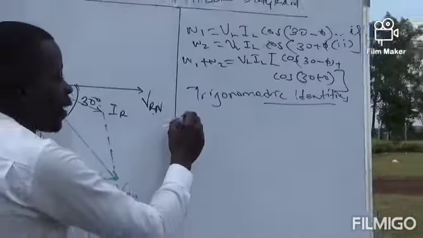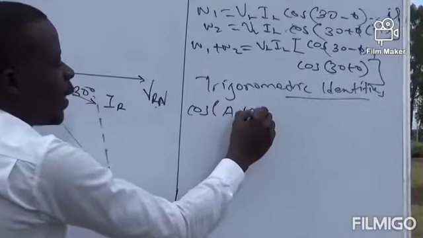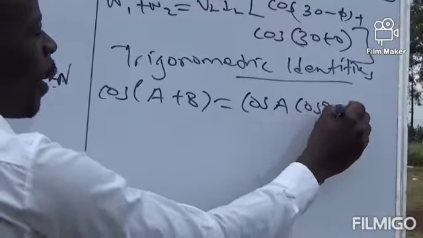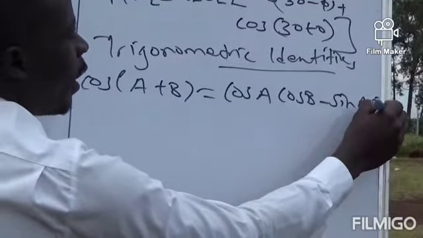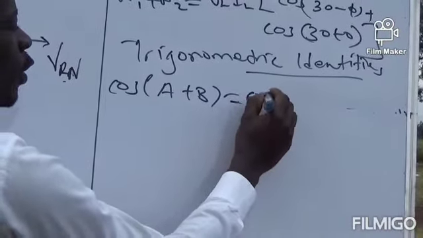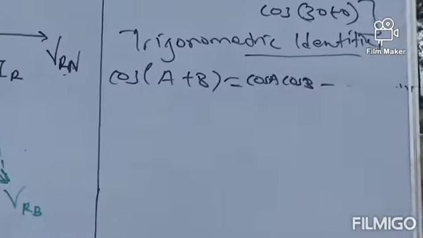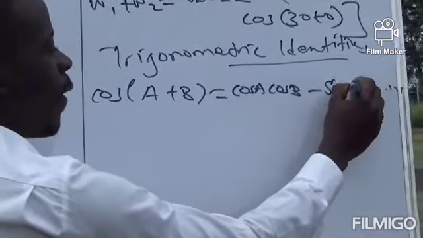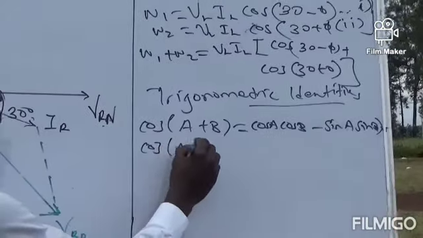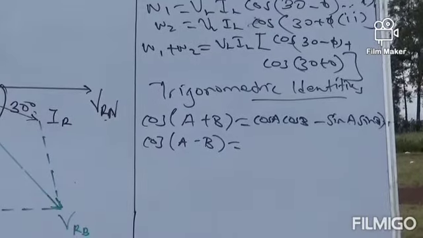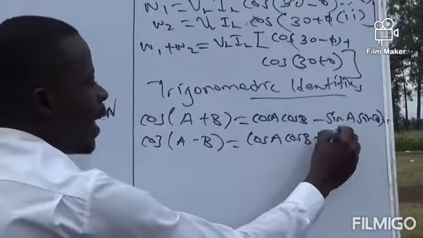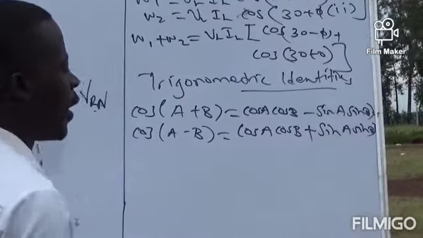In trigonometric identities we know that cos(A plus B) is equal to cos A cos B minus sin A sin B, and cos(A minus B) gives us cos A cos B plus sin A sin B.